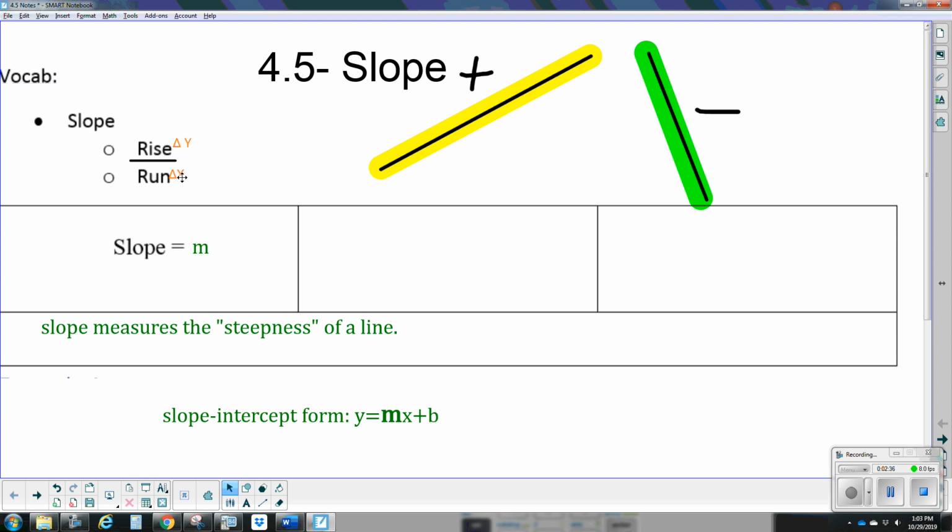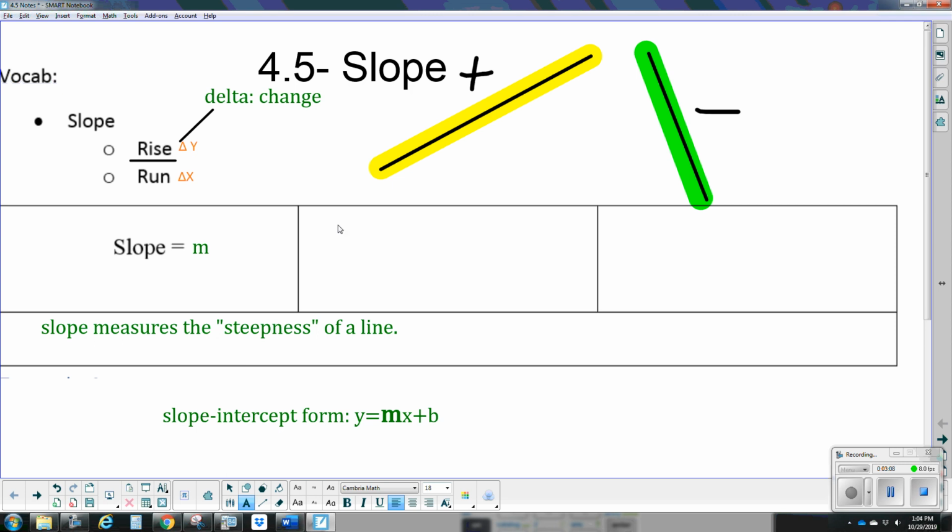That little symbol that looks like a triangle is called the delta sign, and delta means change. Anytime you see that little delta, that means change. If we're not talking about a triangle, we're probably talking about change. So rise is the change in y, run is the change in x.